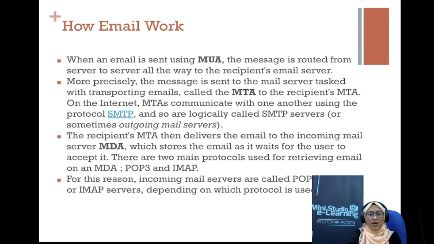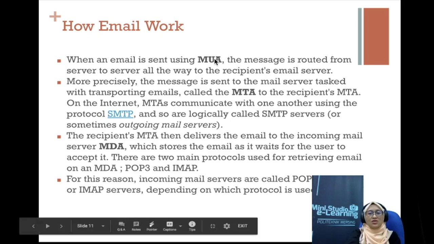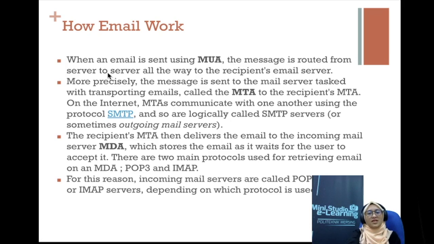is how email works. Actually, when an email is sent using the MUA, the message is routed from server to server all the way to the recipient's email server. More precisely, the message is sent to the mail server tasked with transporting email, called the MTA.